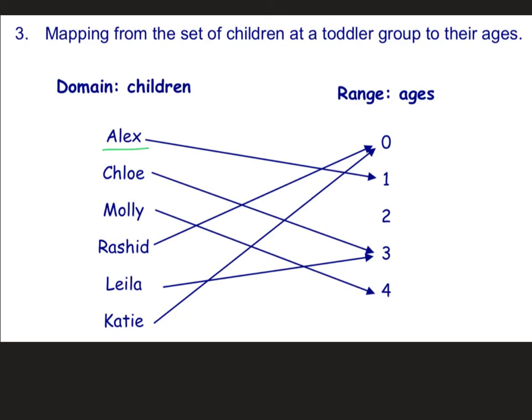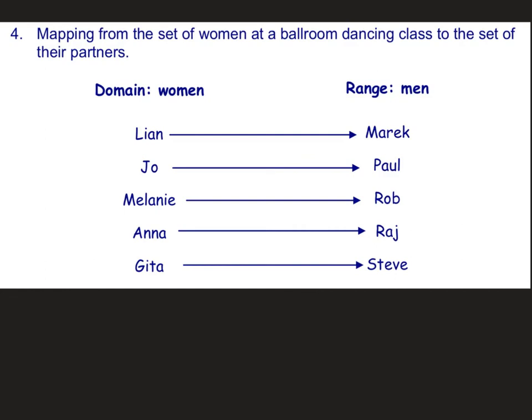So here you would have a many-to-one, and that would technically be a function. Here is the mapping from the set of women at a ballroom dancing class to the set of their partners. Here we can hopefully see quite clearly it's one-to-one. Each woman has one partner at the class, and every man has one woman as their partner.